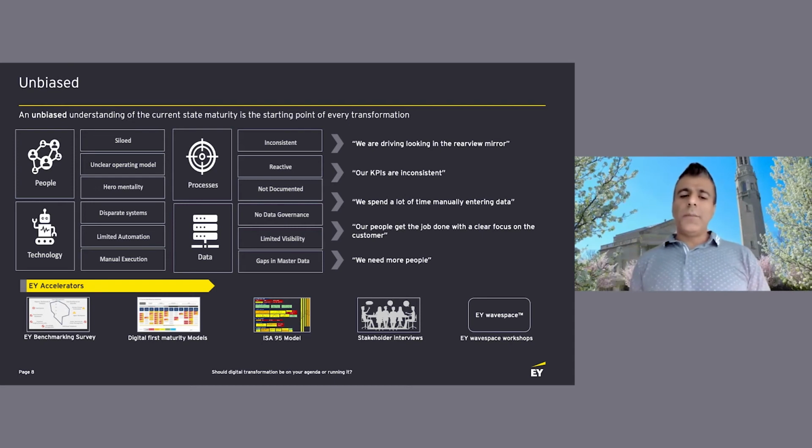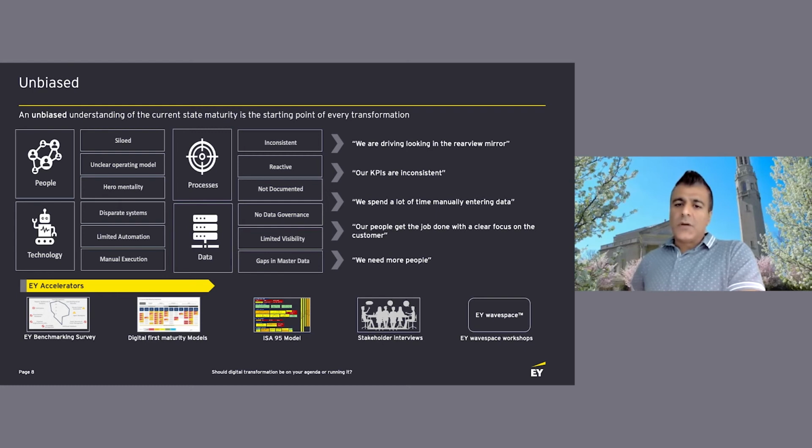What we've seen with the benchmarking surveys that we've executed is most companies overestimate their level of maturity, and that's why they underestimate the level of investments they need to make in the now to truly be able to scale digital technologies. As you can see from some of these quotes, typically when we interview key stakeholders, some of the common themes we hear are we are driving looking in the rearview mirror.